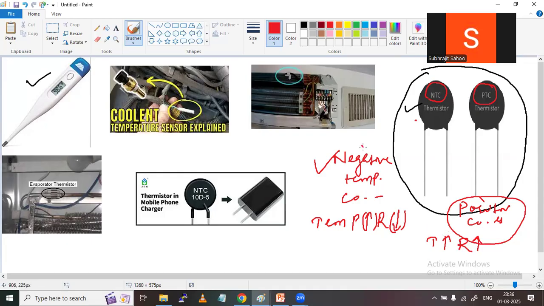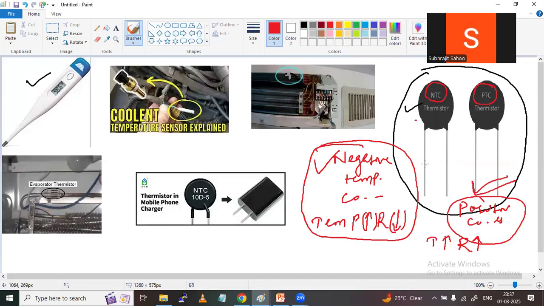But widely, most of the cases the NTC type is used. The PTC is very rare, used only in some special cases. Otherwise, everywhere we will find the negative temperature coefficient thermistor. It has a very simple construction.